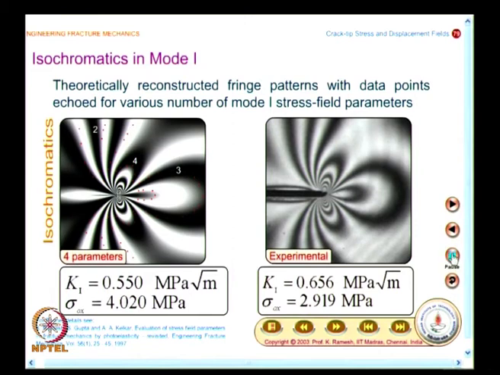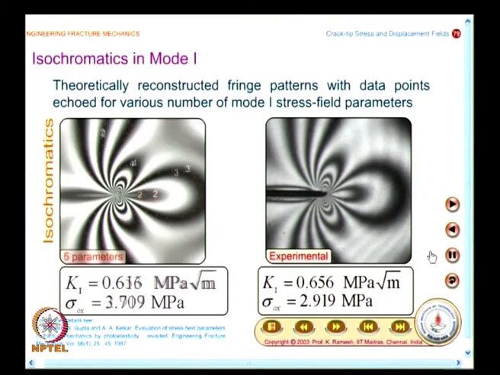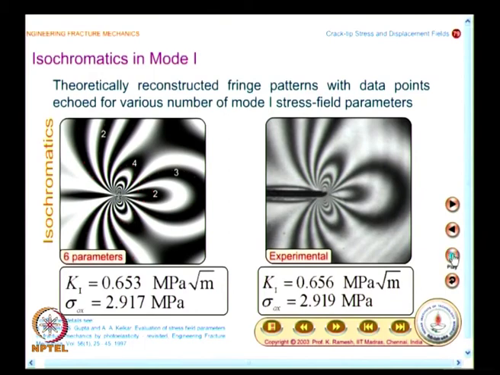With 5 terms it is slightly better, and if I have 6 terms, all the fringe features are captured, and beyond 6 terms what you find? The solution stabilizes.